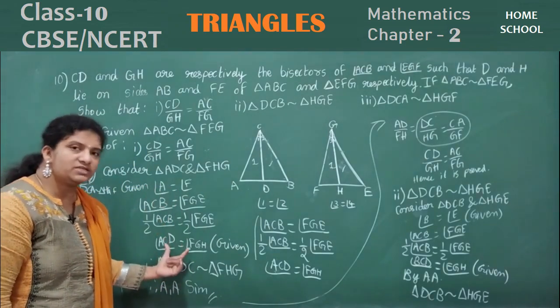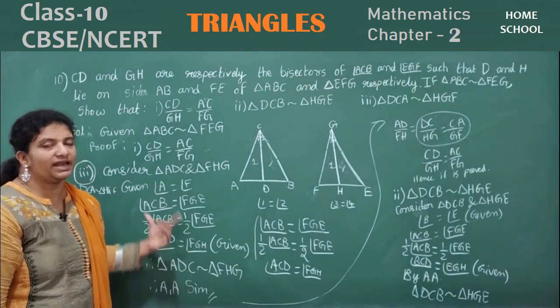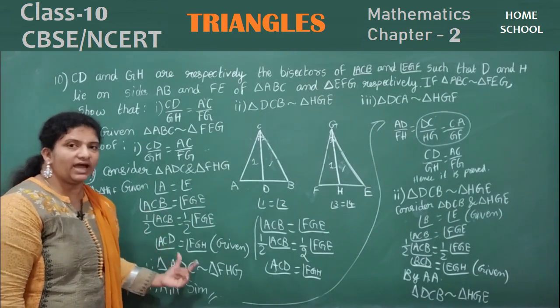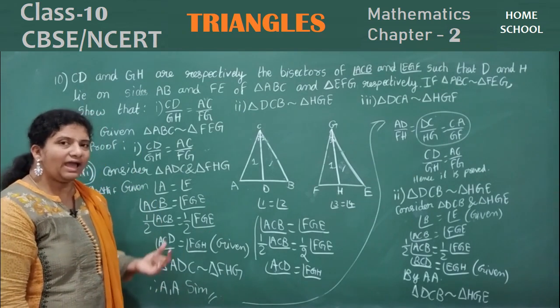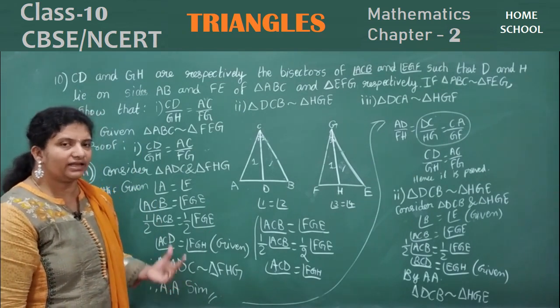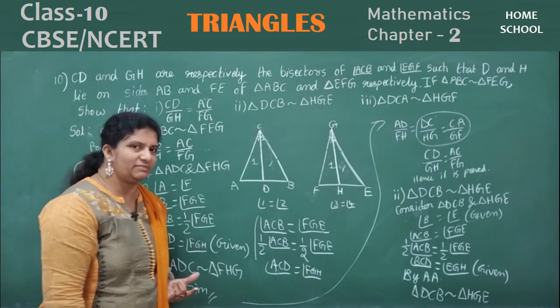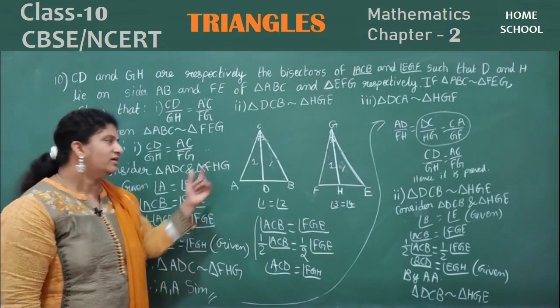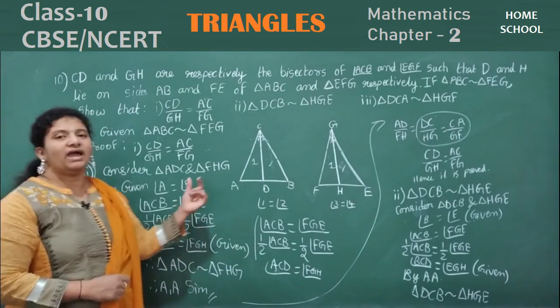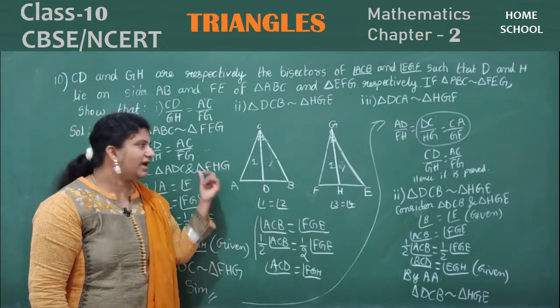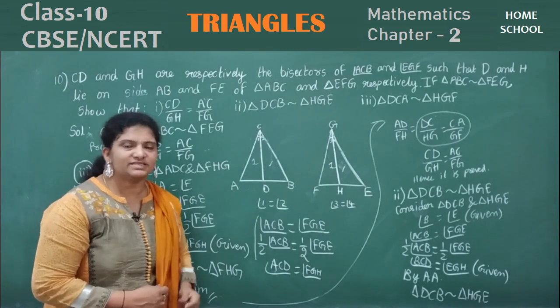If two corresponding angles are equal, then I can say that the two triangles are similar. By which criteria? Angle similarity criteria. I can say the two triangles are similar. If they are similar, then the two triangles, by angle similarity criteria, I can say the two triangles are similar.